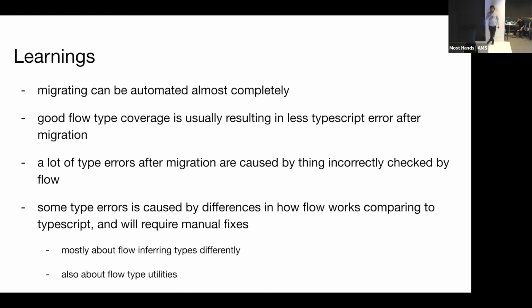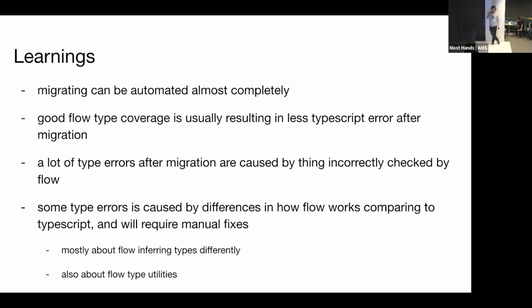And you will only need to update the Babel preset to use TypeScript instead of Flow, and everything kind of works. Another one is that usually if you had good Flow type coverage, it results in far fewer TypeScript errors. The more Flow ignores you have, the worse the type errors in TypeScript are, because it propagates through everything.